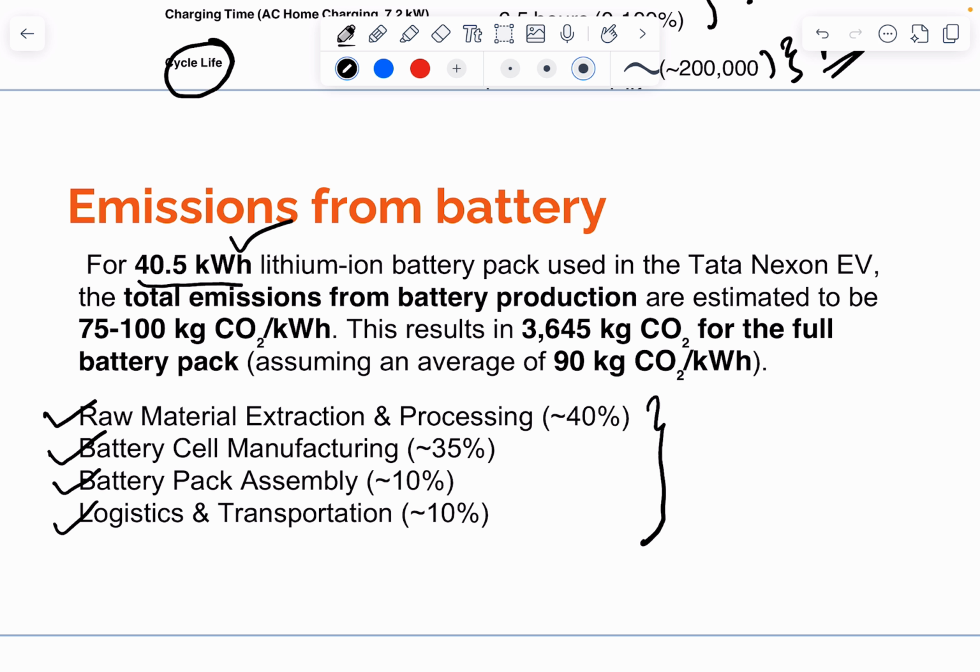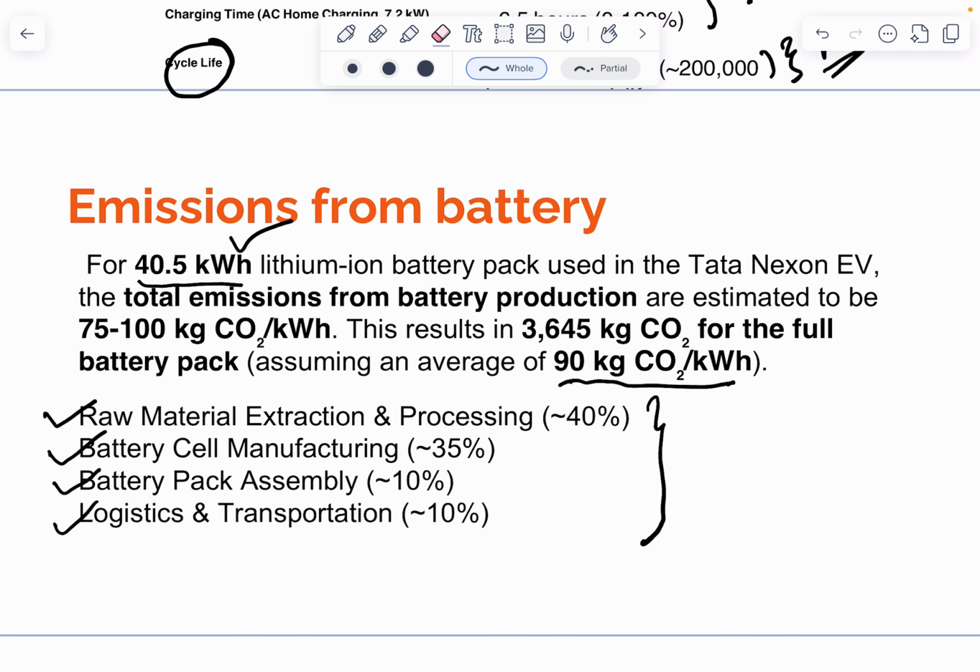So those logistics and transportation are to be accounted for when we do this emission calculation, and obviously they would vary depending upon the place where we manufacture. If you manufacture the battery at a place where the electricity comes from a cleaner source, renewables, this number would be less.